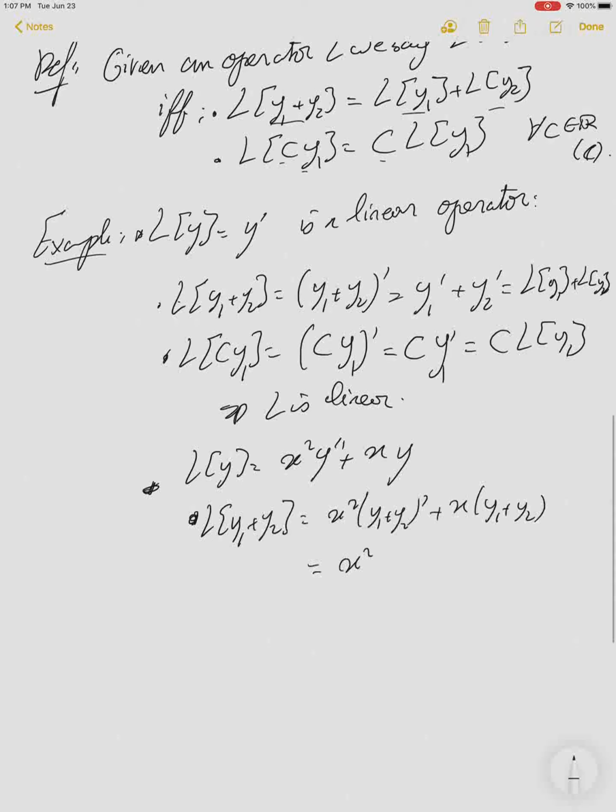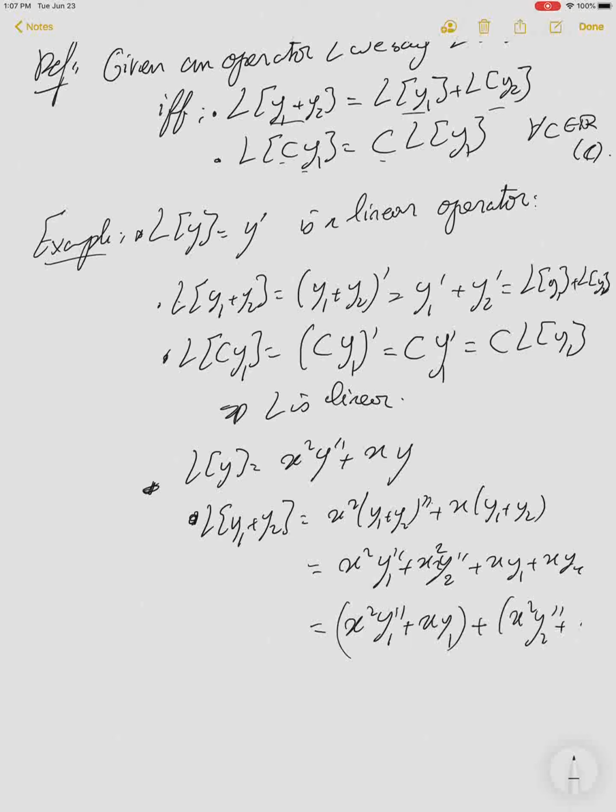And this is equal to x squared y1 second plus x squared y2 second plus x y1 plus x y2. And this is equal to x squared y1 second plus x y1, plus x squared y2 second plus x y2. And this thing is the image of y1, and this thing is the image of y2.